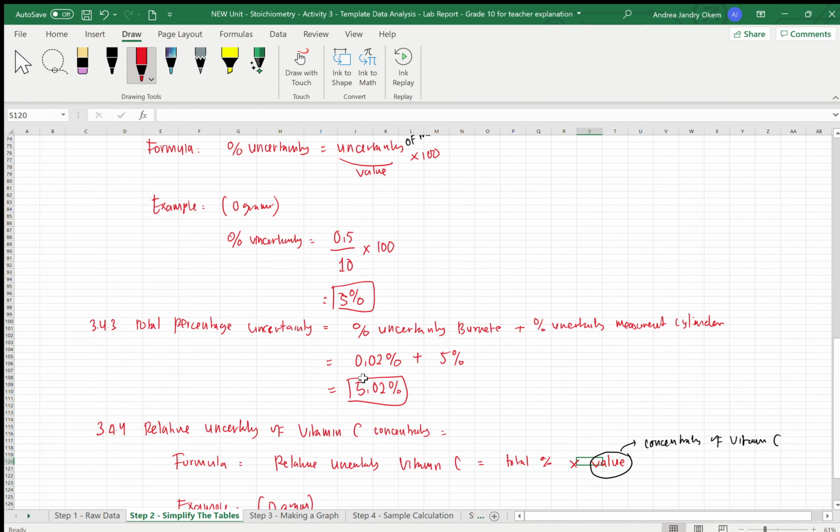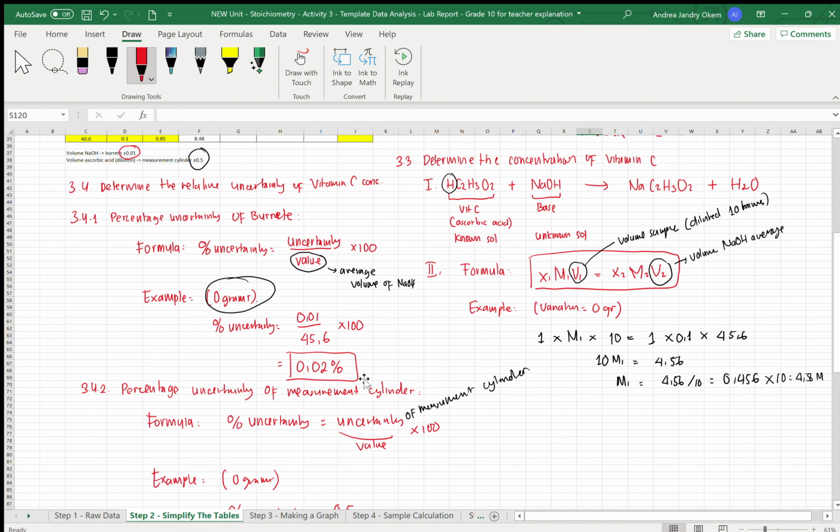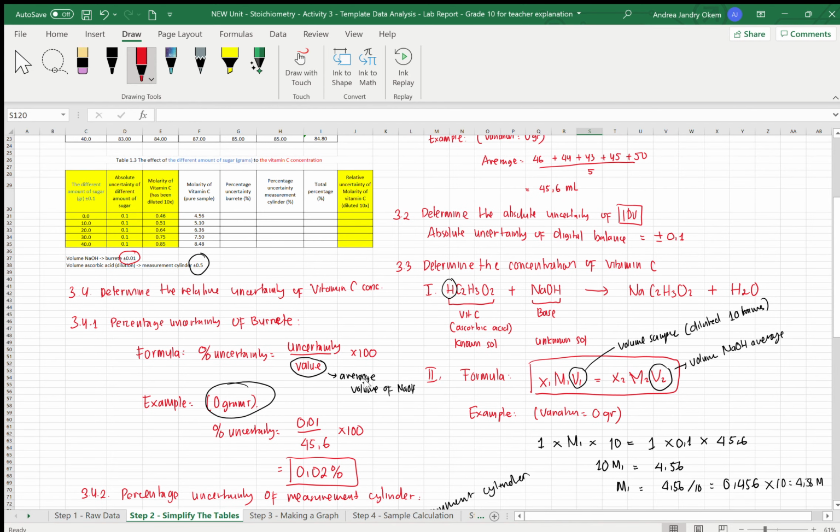So we need to see the value of vitamin C. Let's go up. This is 0, and then this is the molarity of vitamin C. Now, we do not use the pure sample because this belongs to the dilution, after you dilute 10 times. So you just use 0.46.